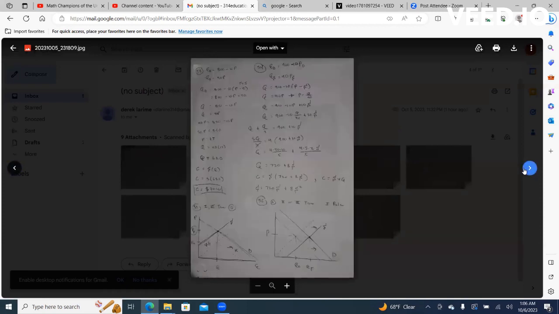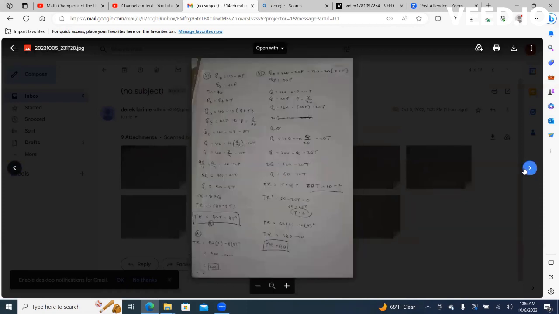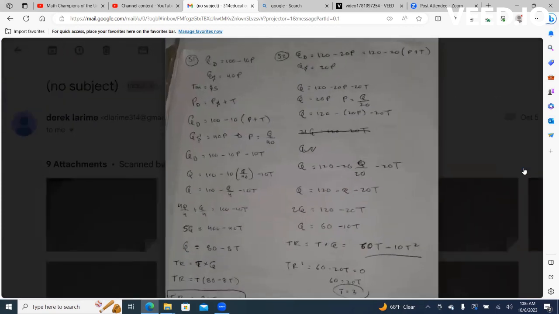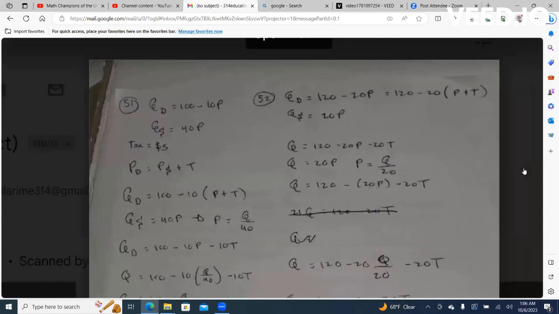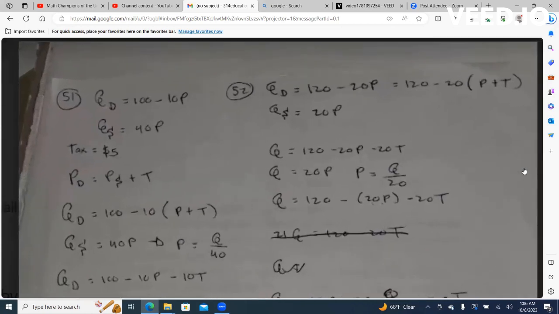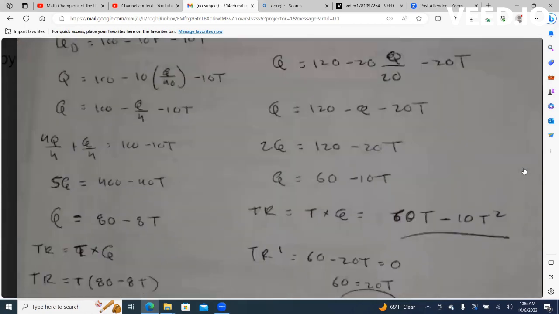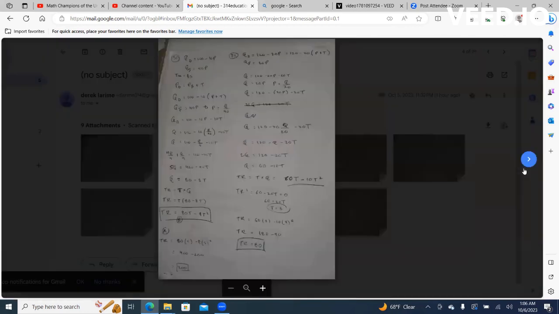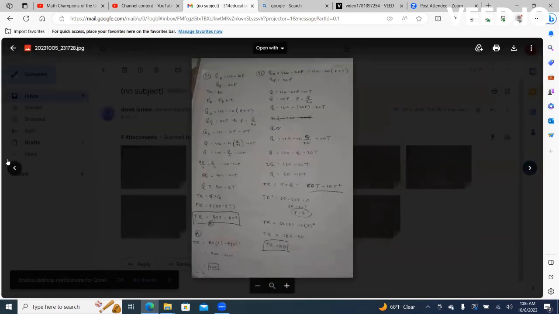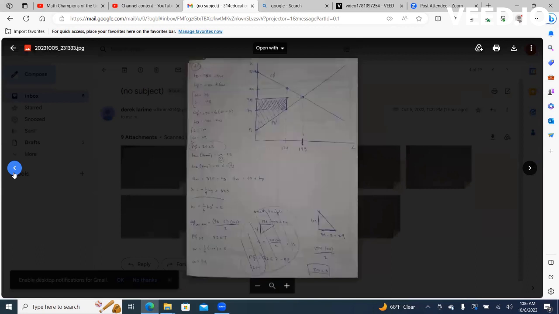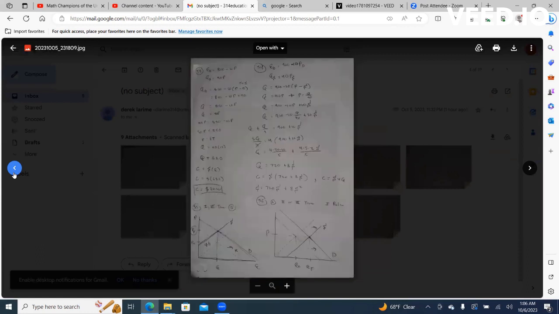I see a 53. Where's a 51? Here's 51. They're all just algebra problems, no big deal. It's about time to wrap all this up here. That's 52. We had found 53. This is 53, 54, 55, and 56.